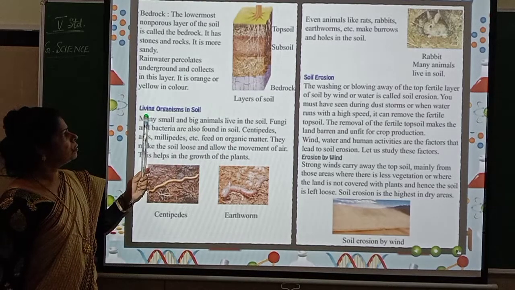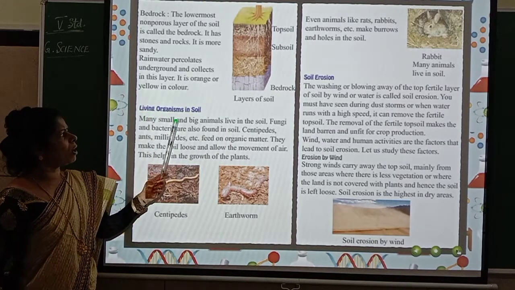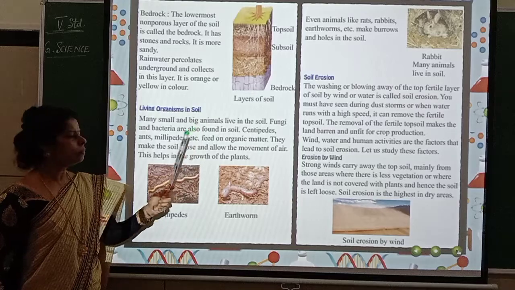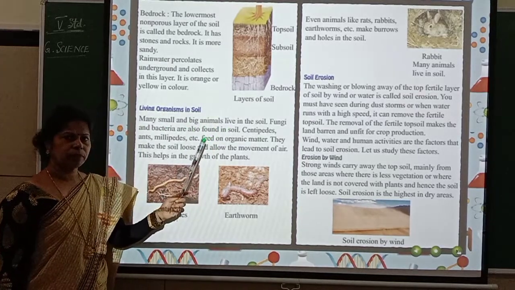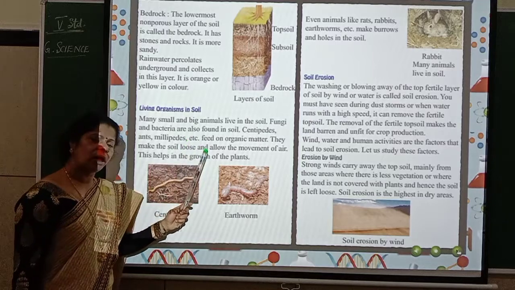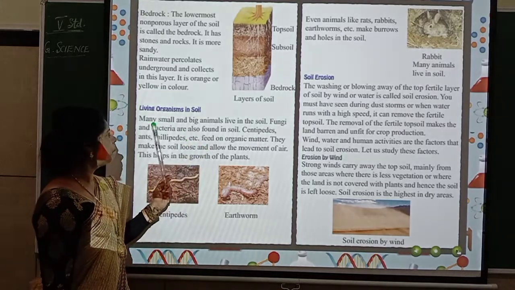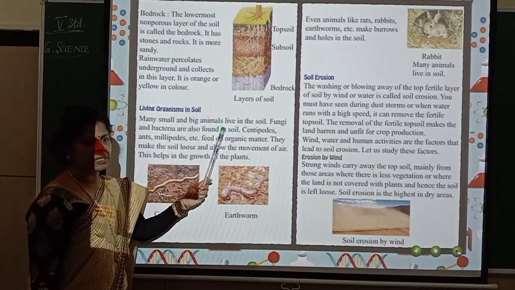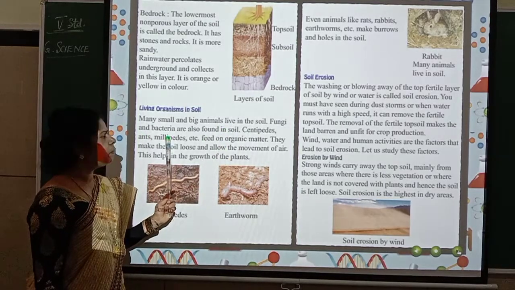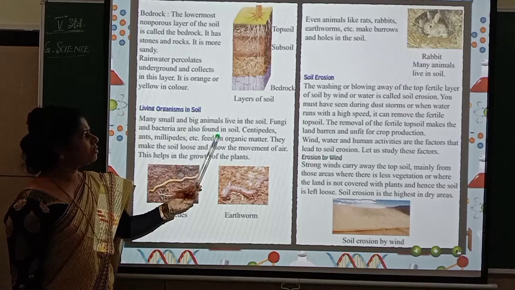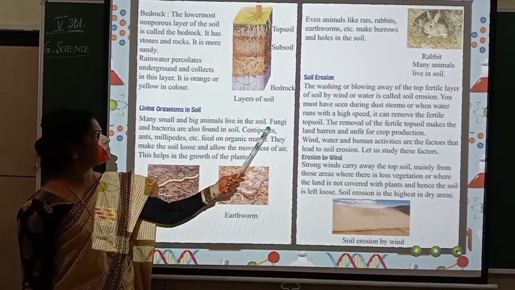Now coming to the next one, that is living organisms in soil. So many small and big animals live in the soil. You see, soil means all the living organisms are present. Fungi and bacteria are also found in soil. So what are these fungi and bacteria?